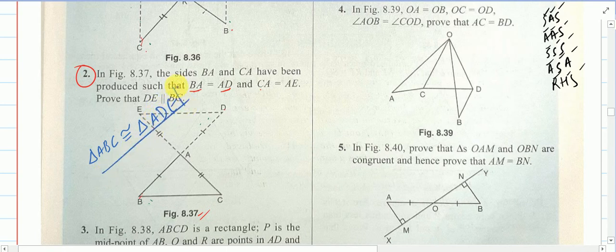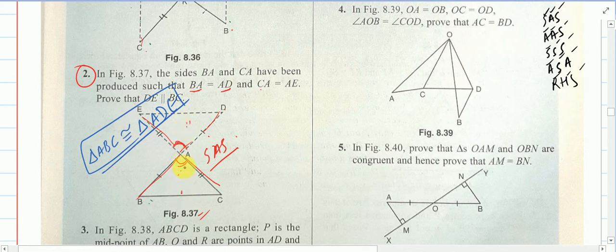If we could show this, then we can easily say this angle is equal to this angle, hence ED is parallel to BC. Because this side is equal to this side, and this is vertically opposite, by side angle side axiom these two are congruent.